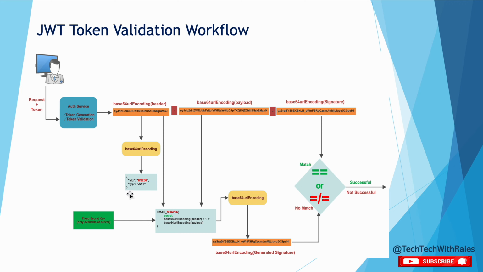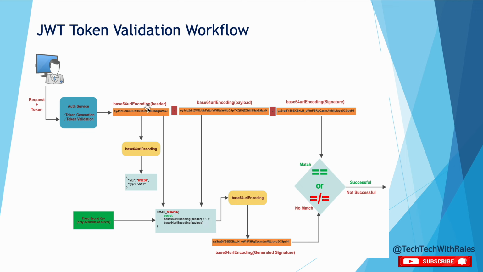Again, we already know that this secret key is fixed on the server and it is not shared with anyone, right? So if we get this part and this part, how we generated our signature in the previous slide is by getting a hash of the base64 URL encoding of the header plus dot plus the base64 URL encoding of the payload.